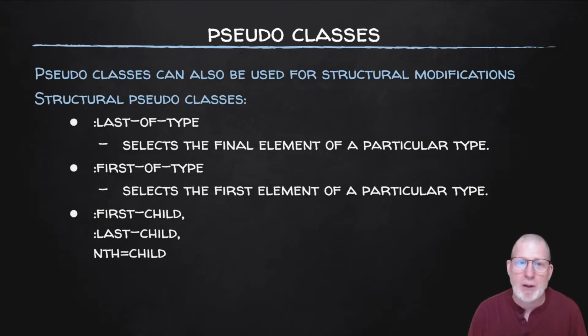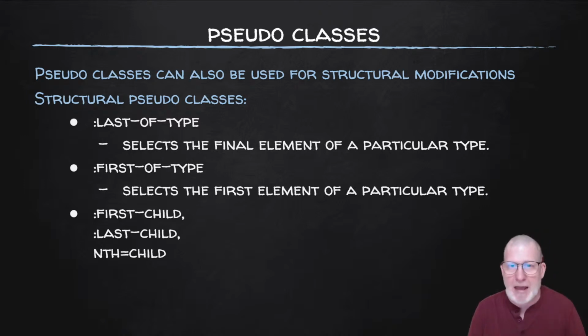So when we play around with these pseudo styles, we can do more than just talk about links and whether they're visited. We can start to use these pseudo classes when we're talking about things where we have collections of them.